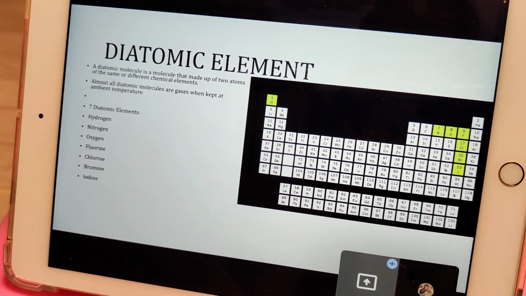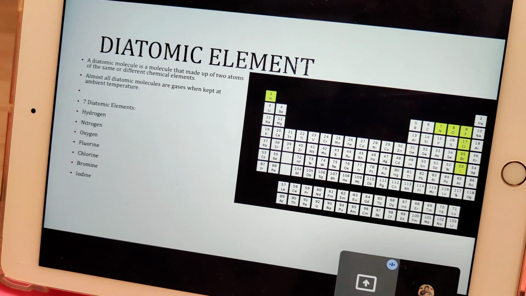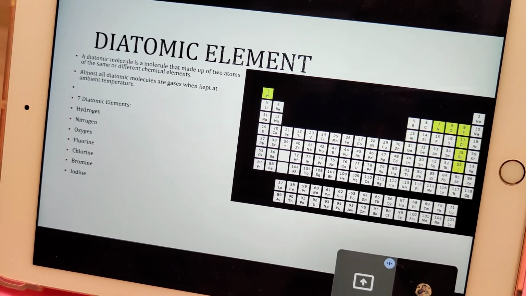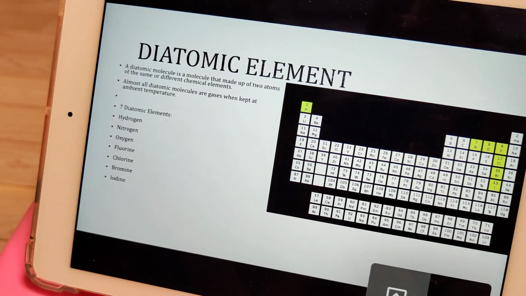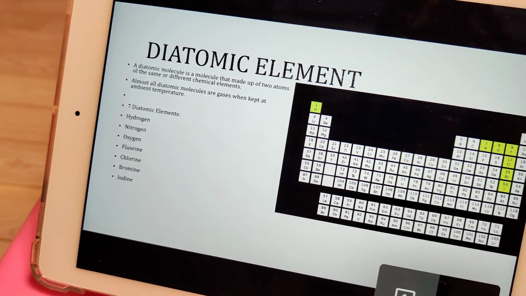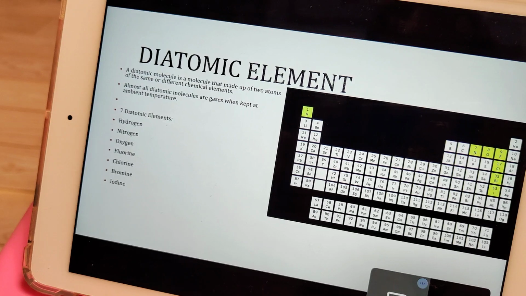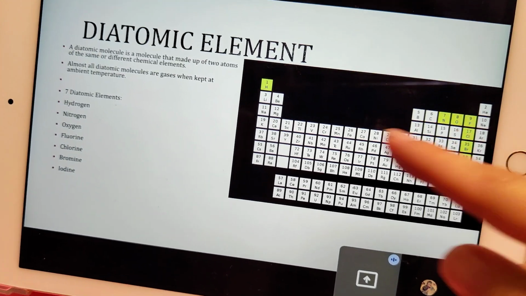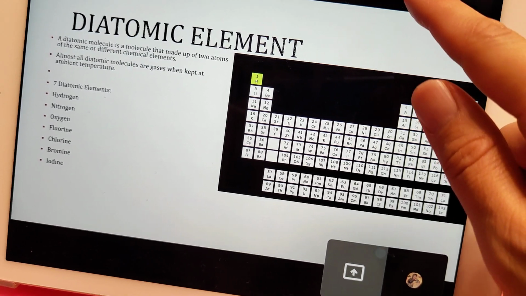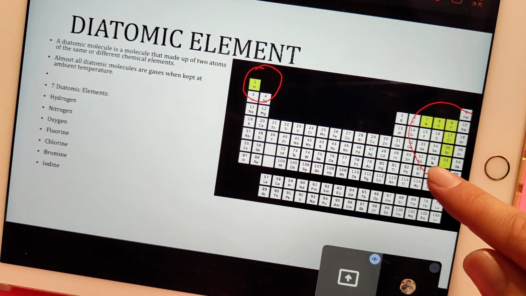Diatomic element. A diatomic element or molecule is the same. It is a molecule made up of two atoms of the same or different chemical elements. Almost all diatomic molecules are gases when kept at ambient temperatures. So these are all diatomic elements. So we have 7, right?